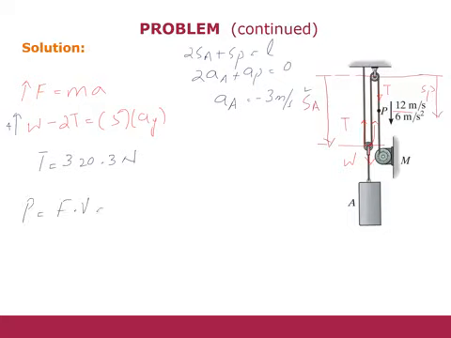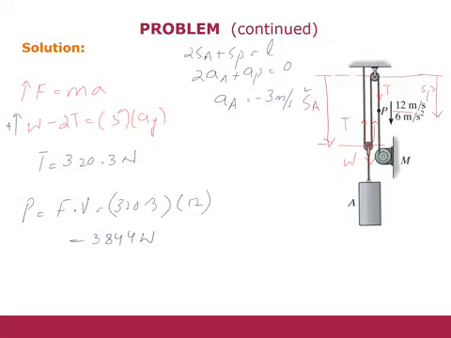So we will put this value in the equation. We have a force in the form of tension, which is 320.3, and it is moving with the velocity 12, right? When you solve it, you will get 3844 watt, right? Now we have to find the power supplied to the motor.